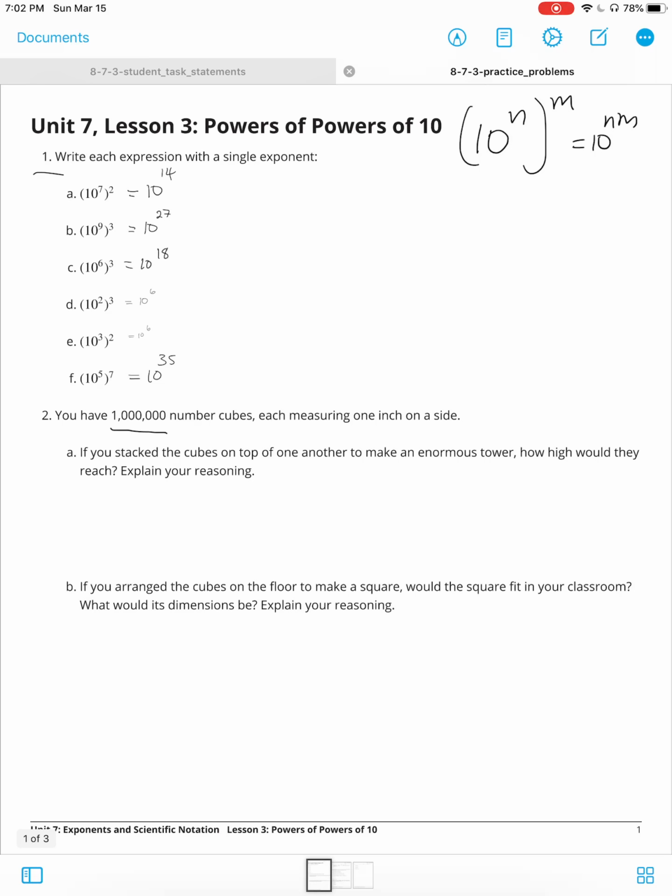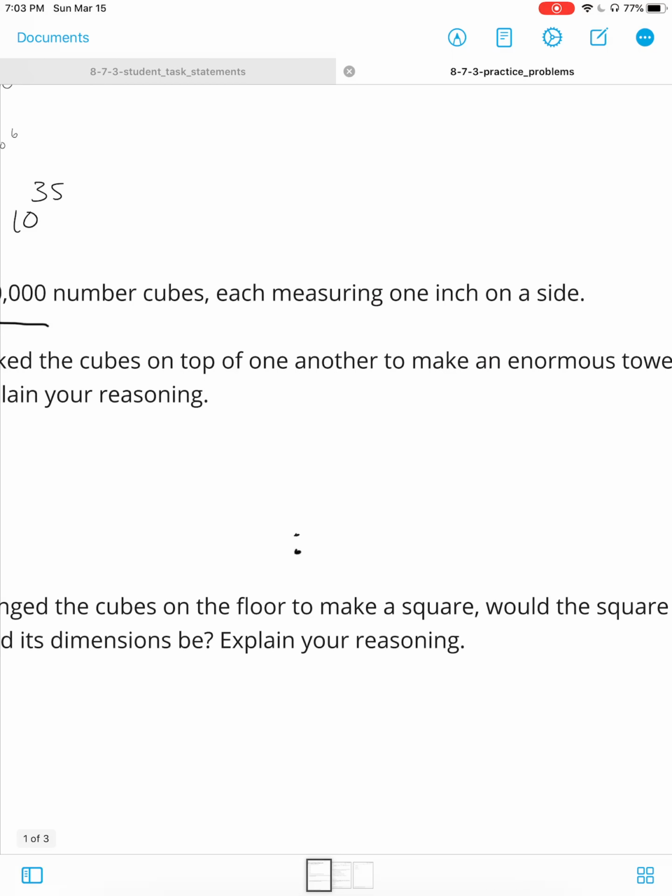You have 1 million number cubes, each measuring 1 inch on a side. If you stack the cubes on top of one another to make an enormous tower, how high would they reach? Well, if this is a cube, that's another cube, it's another cube. They each measure 1 inch.